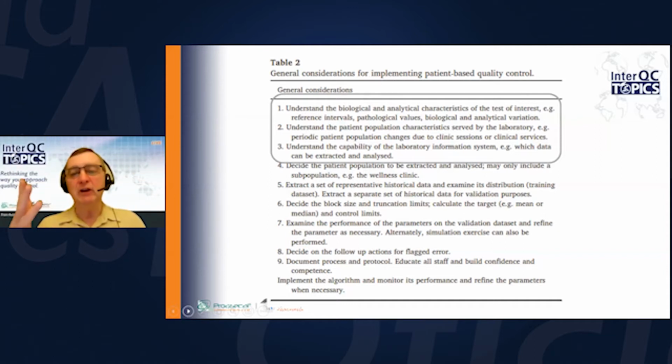If you've got 20 measurands on an analyzer, every sample is going to have 20 new points. If you've got 5 analyzers, every analyzer is going to be analyzing 20 measurands on every sample. That's a lot of data. So your IT system has to be able to do all these calculations. And that's one of the reasons why patient-based real-time QC is now more of an option than it has been in the past. There is greater IT computing power available to do these calculations. That's another reason why it's now more possible to do this sort of QC.